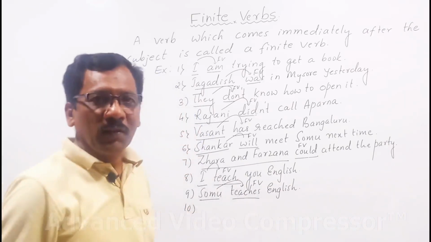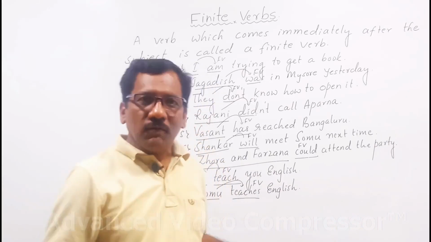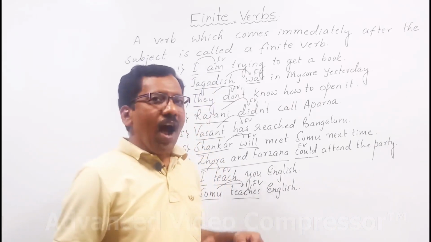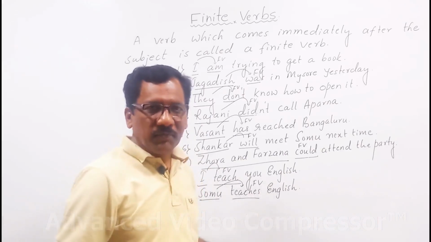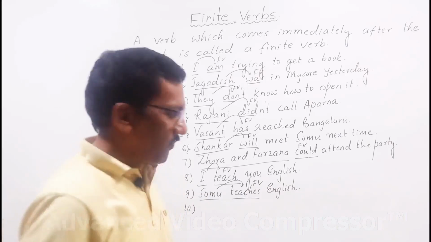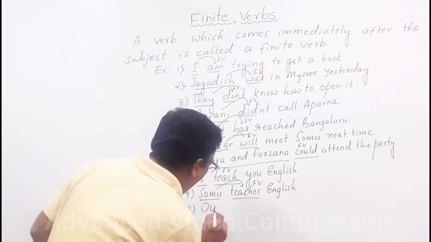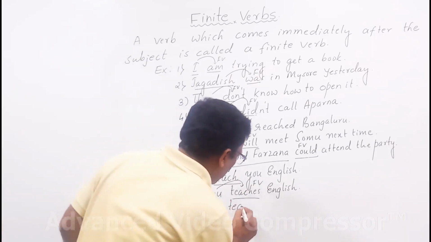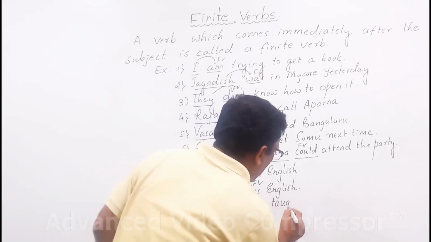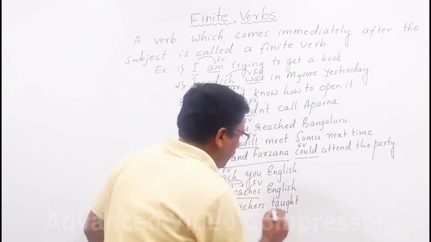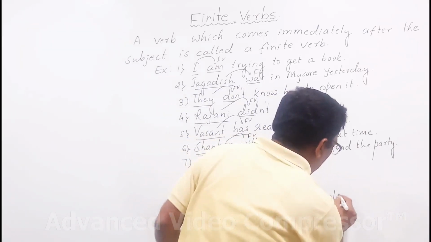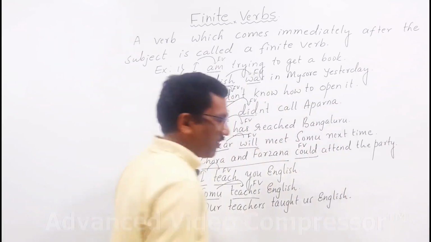Last sentence. For Somu, for me, for Zora, for Farzana, our teachers were all friends. Our teachers taught us English.